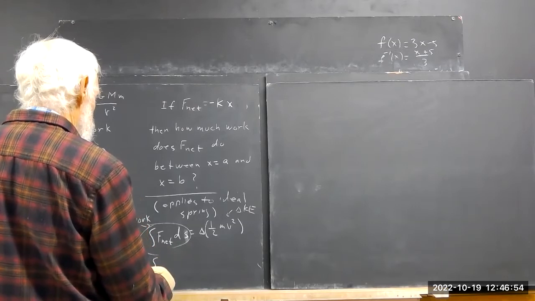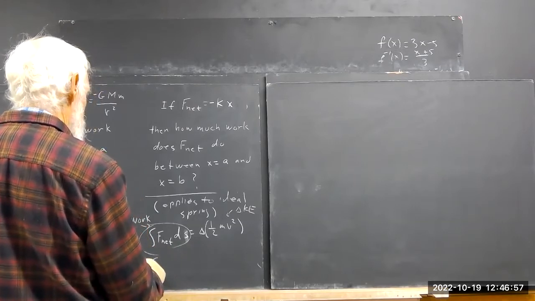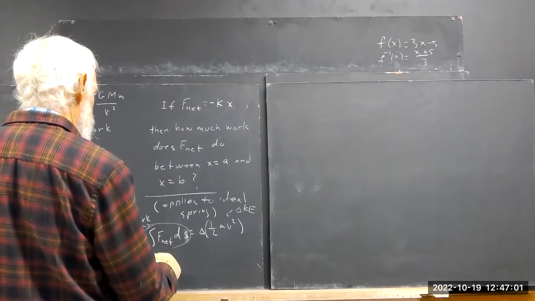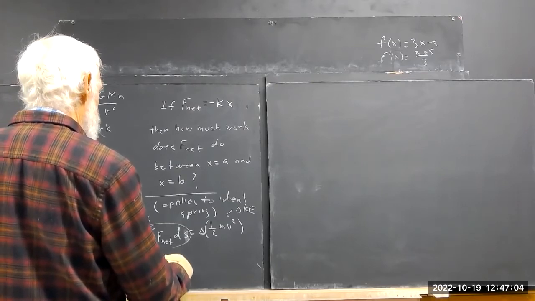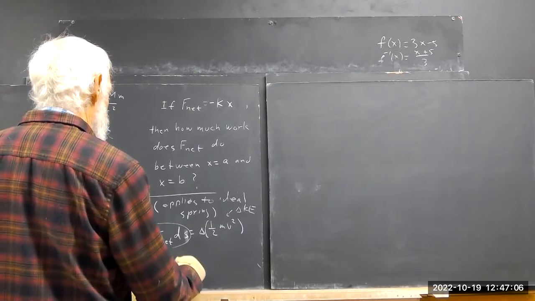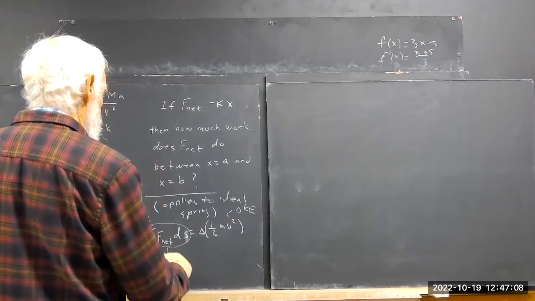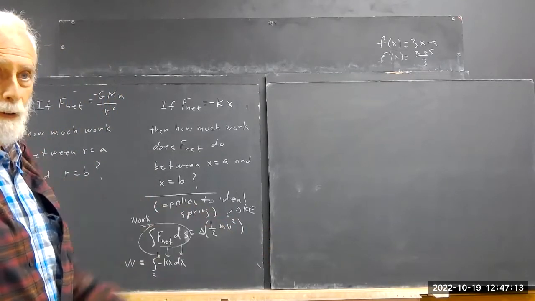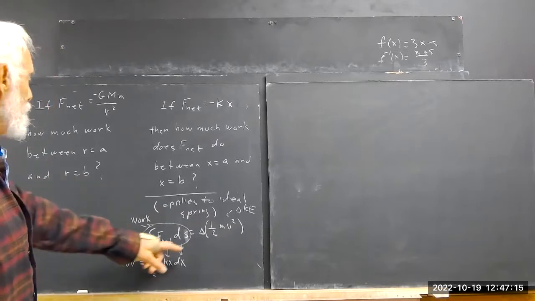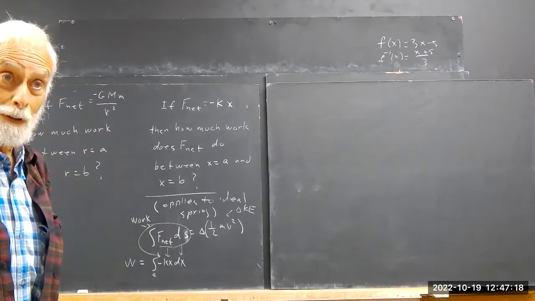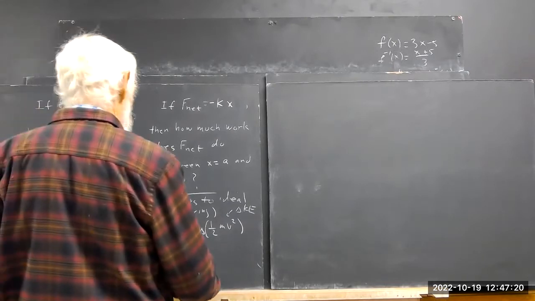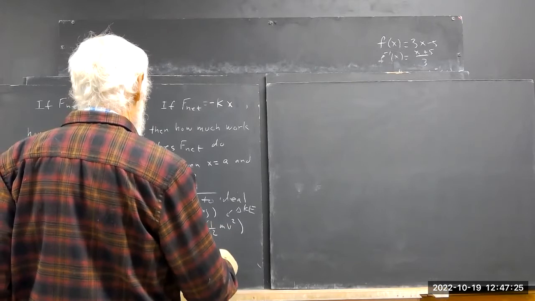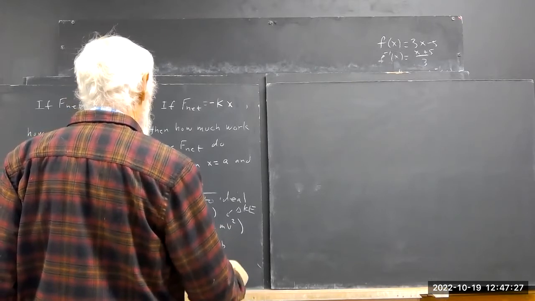So we do the integral from A to B of negative kx dx. There's your F net. Your ds is a dx because you're moving along the x-axis. Over here, your ds will be a dr because ours was changed. Okay. And that's just negative 1/2 kx squared evaluated between A and B.